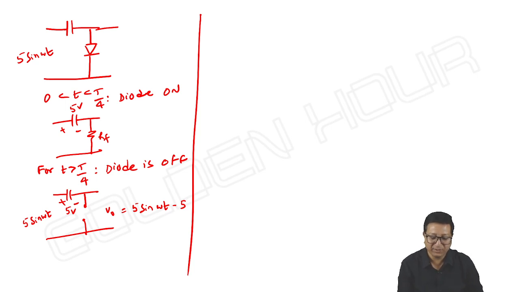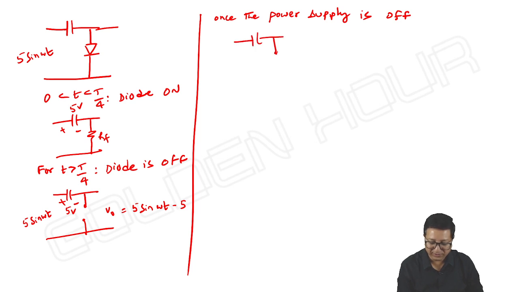Once the power supply is off, what happens? The equivalent circuit is, the diode is off and the input is removed, so it is like a short circuit only.